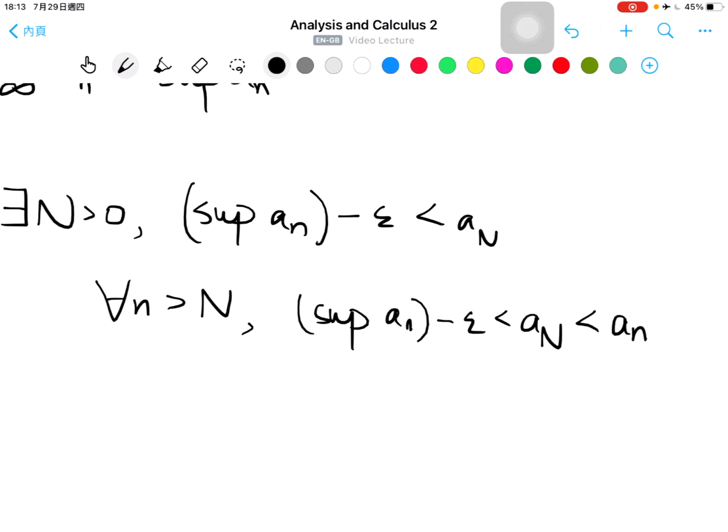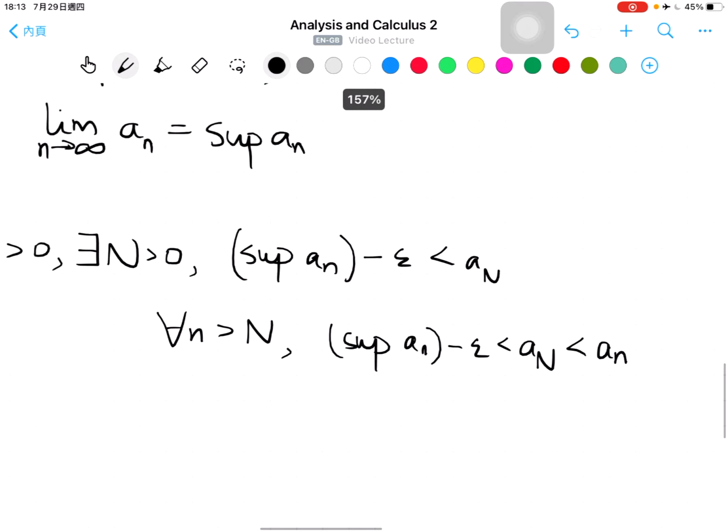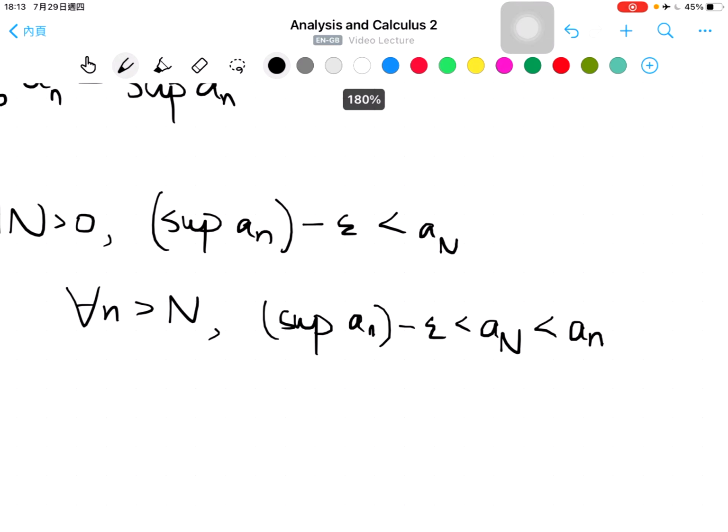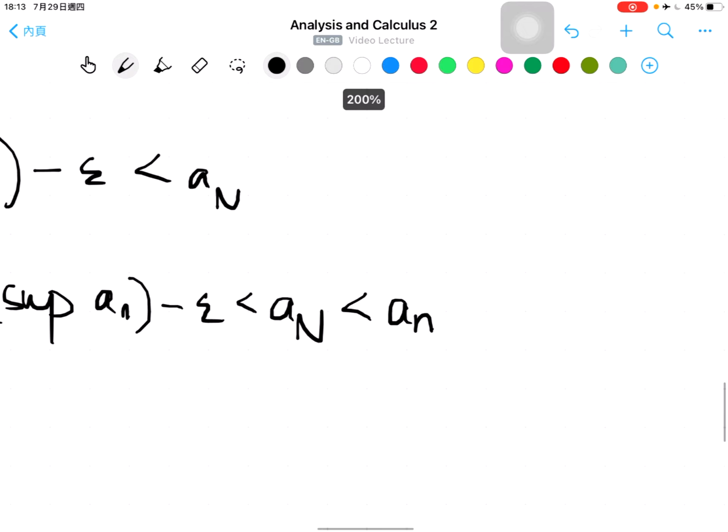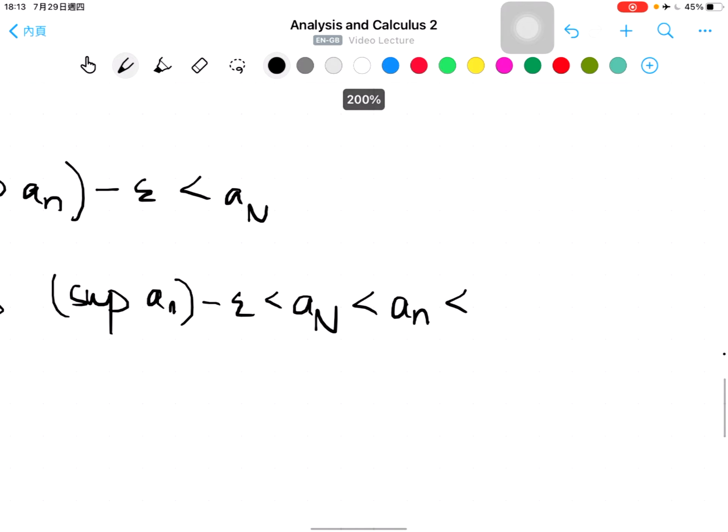We also know that the supremum is always going to be larger than or equal to every single term. So we can say any a_n there is going to be smaller than or equal to the supremum of a_n.